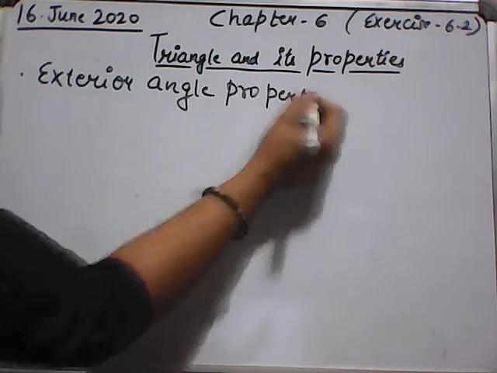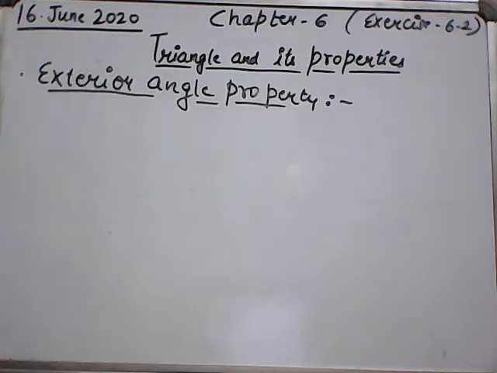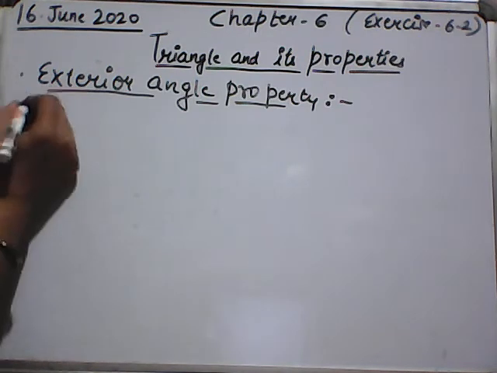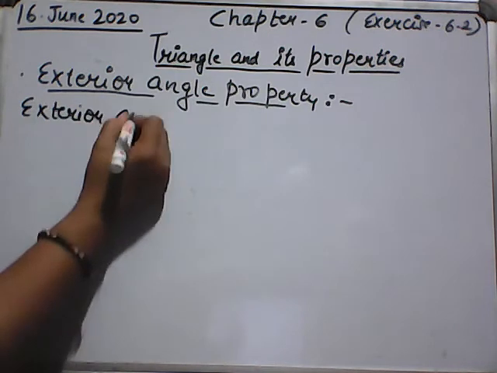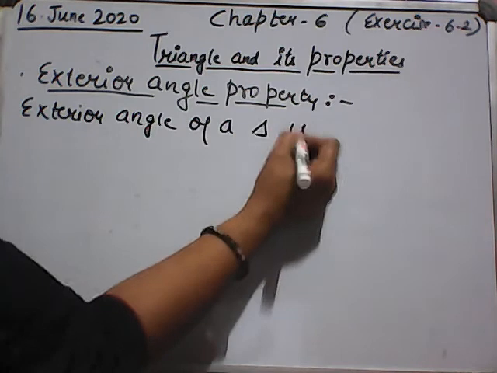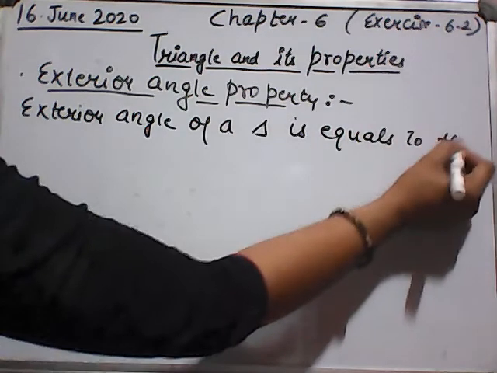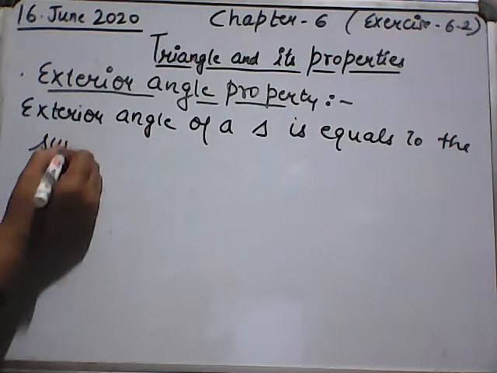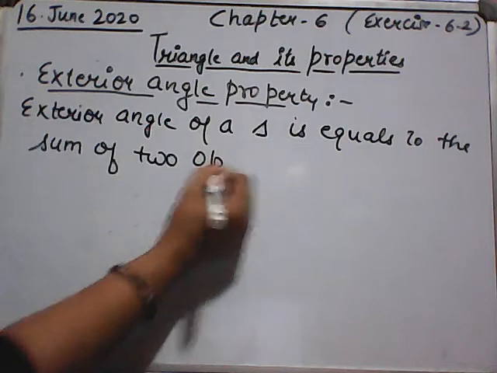This property states that an exterior angle of a triangle is equal to the sum of its two opposite interior angles.